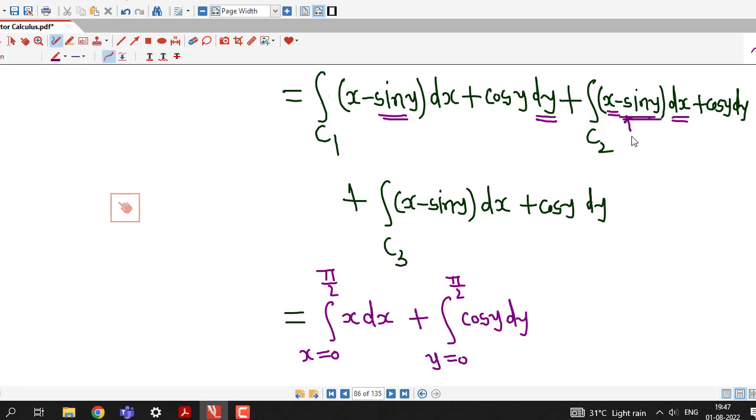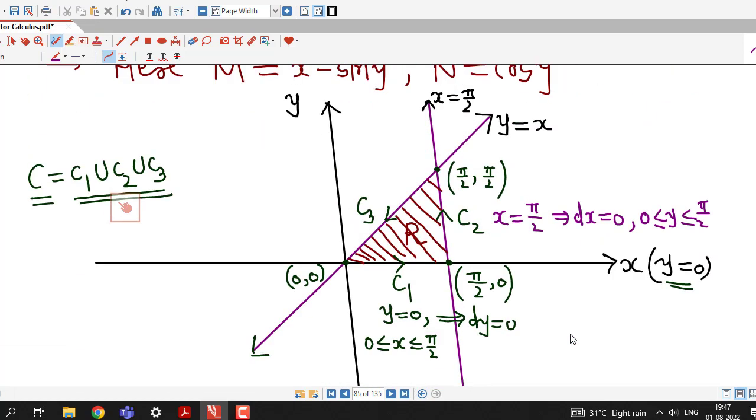Again I repeat, along C2 x is pi by 2, therefore dx is 0 and y is running from 0 to pi by 2. So because dx is 0, we are left with cos y dy only. And now what we get along C3, so C3 means along C3 y and x are equal, therefore we will put dy equal to dx, and x is running from pi by 2.